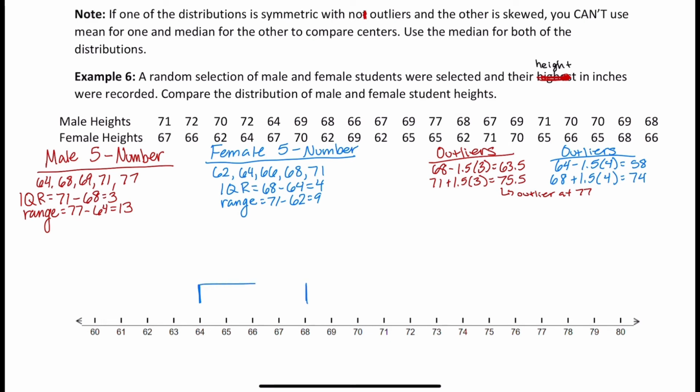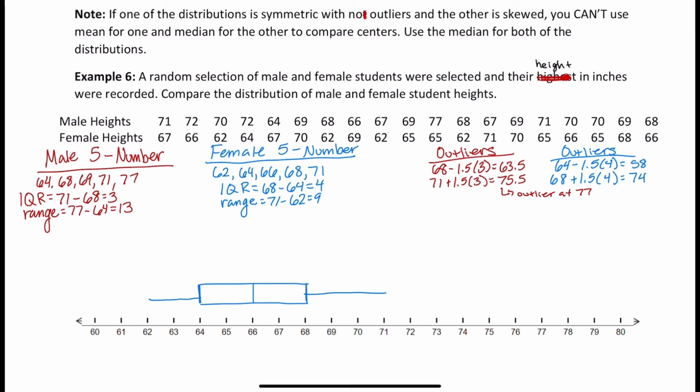We're going to draw that box, and we're going to draw a vertical line at our median, so 68. Yes, we are going to extend to our maximum, so 71, and extend to our minimum of 62. And that's going to be our female box plot.